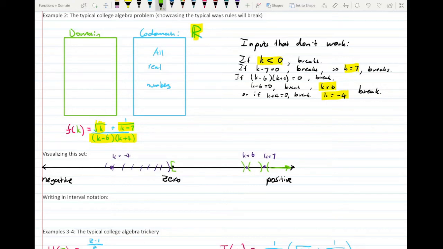So to write this green set in interval notation, we're first going to want to indicate the section of the number line falling between 0 and 6.